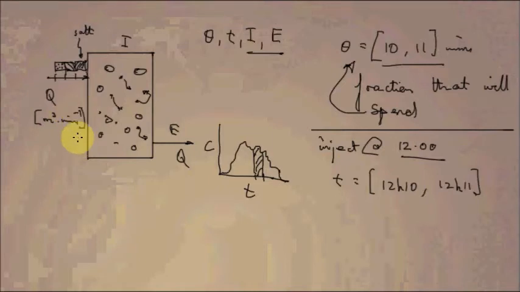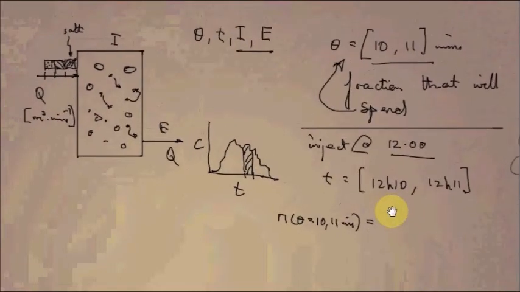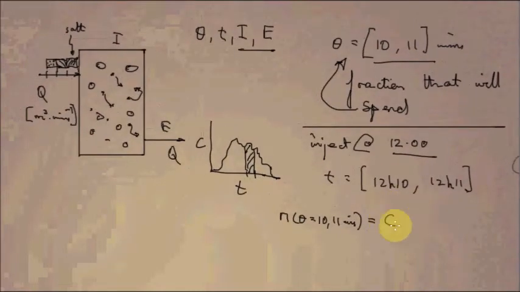So we can say that the number of moles of salt that exited in that range, so moles of salt of the age range theta is 10 to 11 minutes, is going to be the concentration of the salt at that time, let's say 12:10, and then we multiply by the volumetric flow rate.